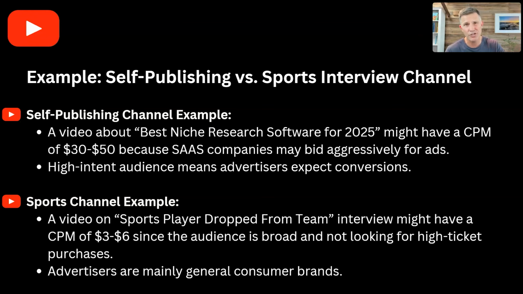It's more consumer brands, general in nature, that might advertise on that channel compared to mine. Again, it is very important to consider that when you're creating your YouTube channel. But let's reflect on this, and hopefully the information I've brought together will help you get a better understanding of what your channel could be creating in revenue with the type of topics that you talk about.